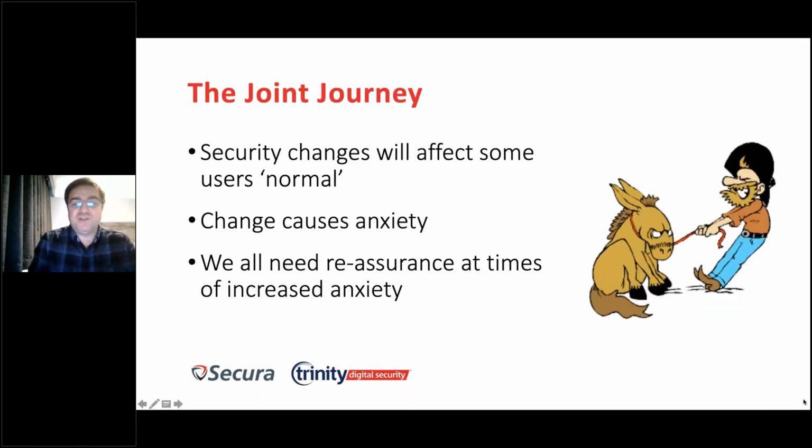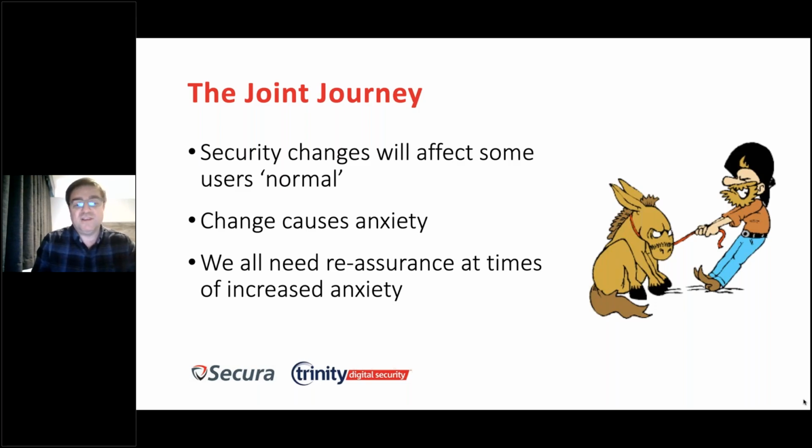So we need this to be a joint journey, and we need to understand that some of the things that we're doing are going to change life for some people, and it will change their normal. Hopefully we aren't going to be dragging people to security. Hopefully people will understand, if we do our project right, what the need is and what the drivers are.